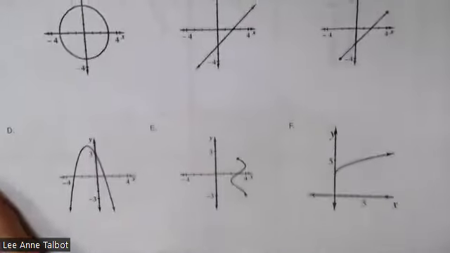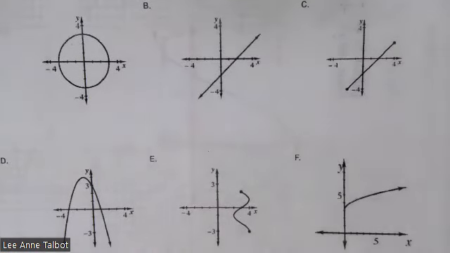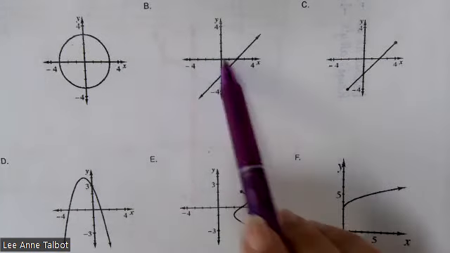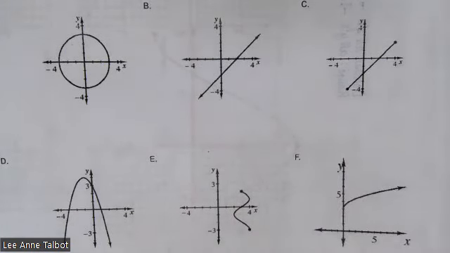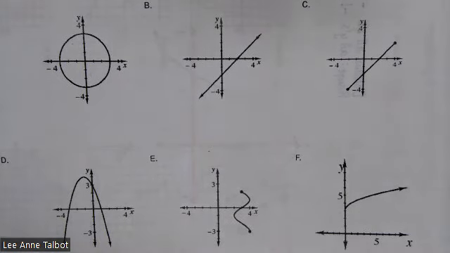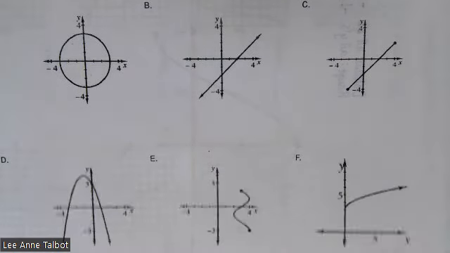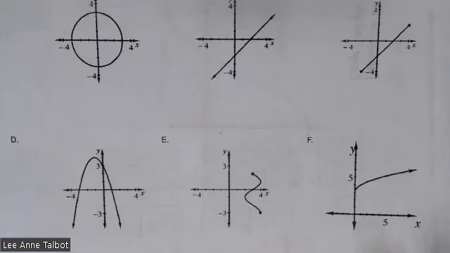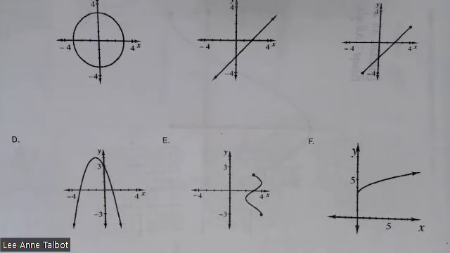First, I want you guys to take 10 seconds, 15 seconds, and write yes or no on each of these if they are a function. So first, you're deciding whether or not these are functions. Just write yes or no next to that.